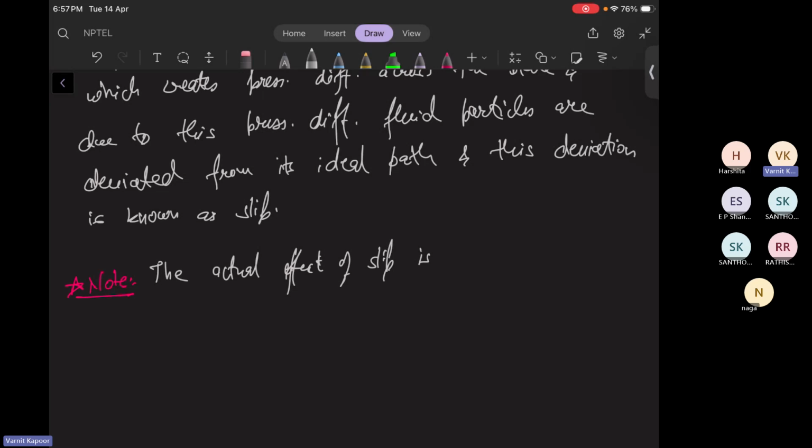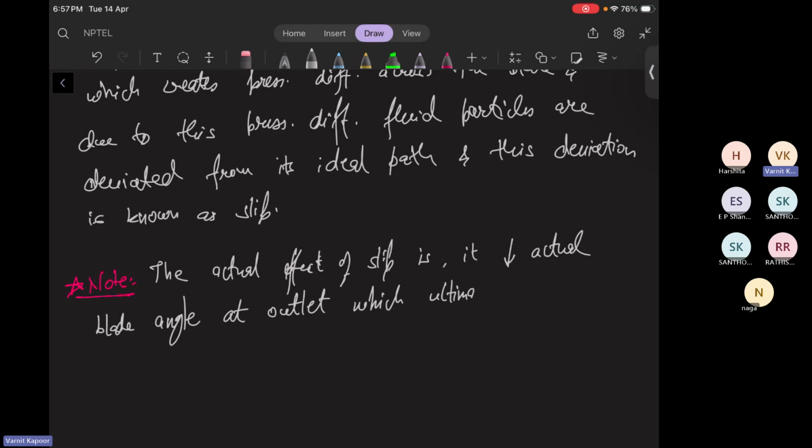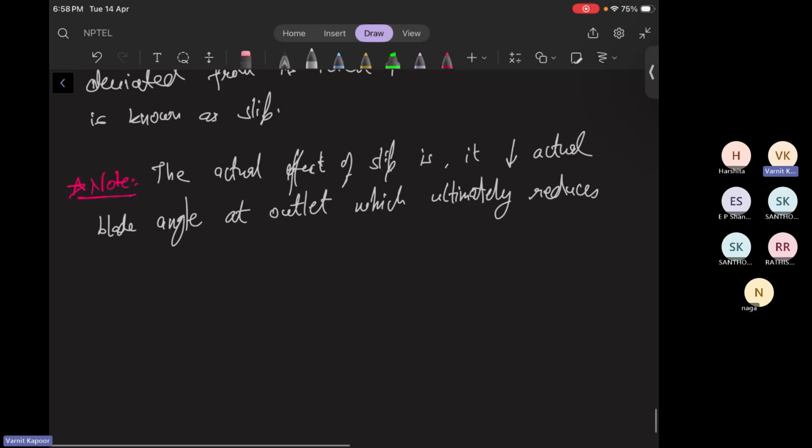The actual effect of slip, note: slip decreases actual blade angle at outlet, which ultimately reduces whirl component at outlet.